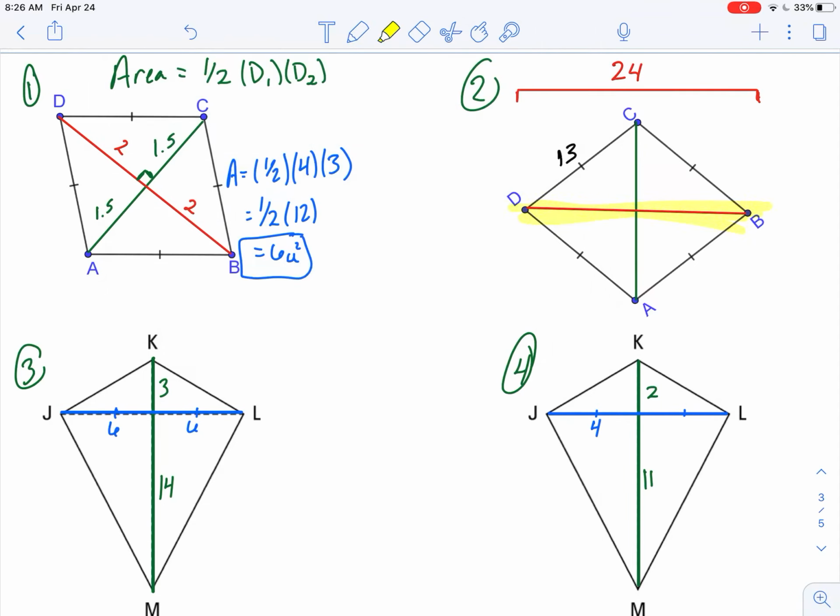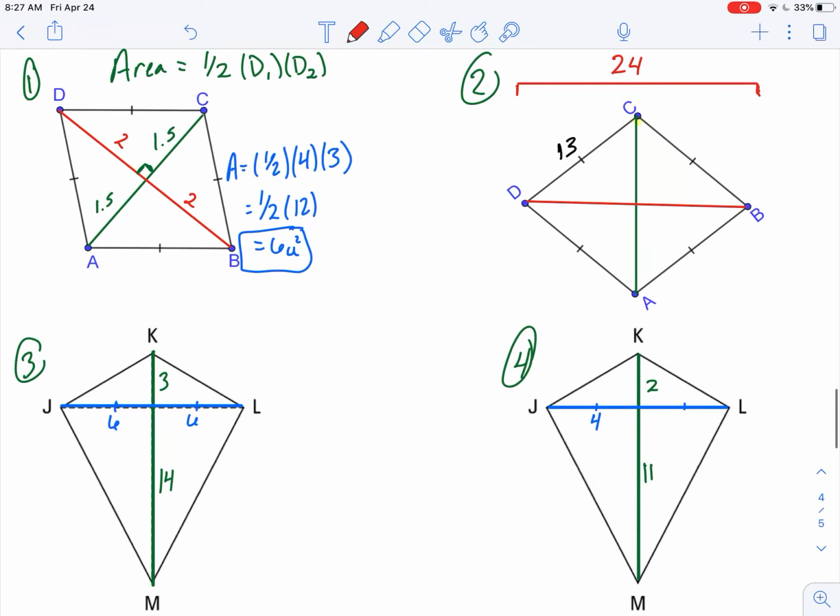But you're not always going to be given both diagonals. You can see here in red, this diagonal here is 24 units long, but I don't know this diagonal. So I need to find diagonal CA. So I know 24. What else do I know about this rhombus?